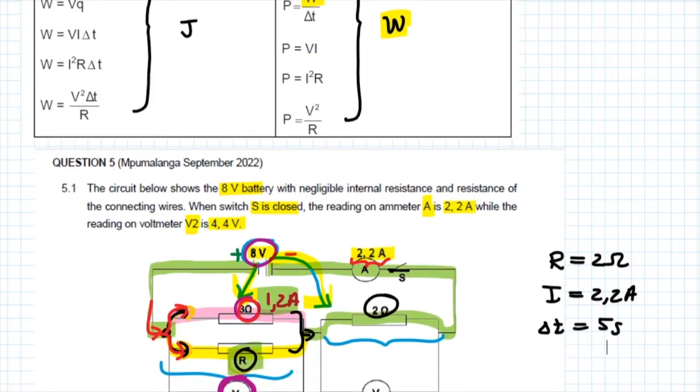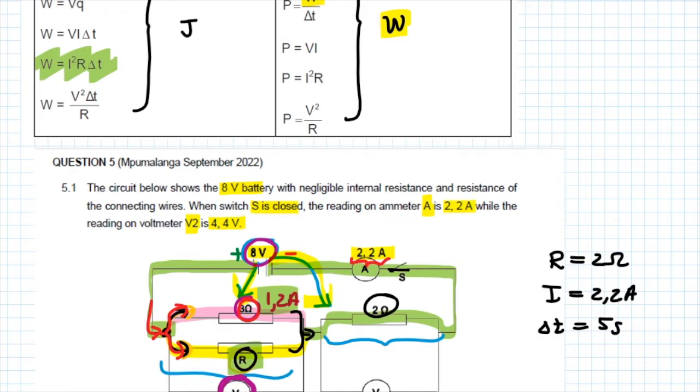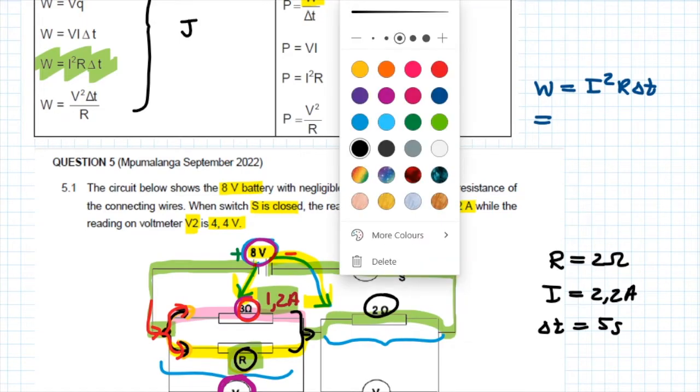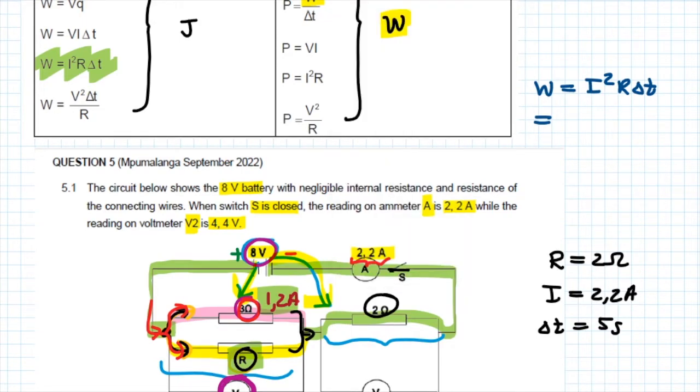We have 4 formulae to choose from, but the one that involves current, resistance, and time is this third one over here. So to answer the question, we're going to start off by writing down the formula. W equals I squared R, change in time. We plug into this formula the values, which is going to be 2,2 squared, don't forget the square, multiplied by 2 multiplied by 5.